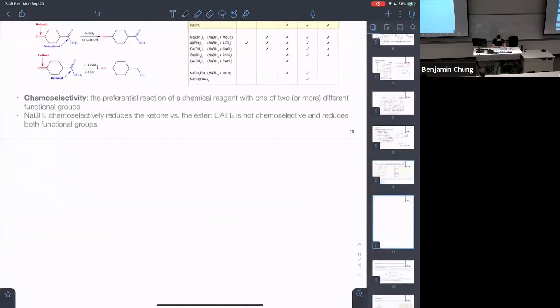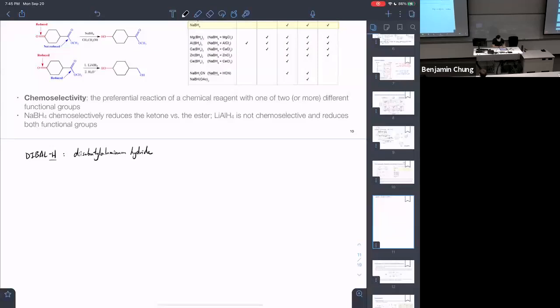So have you guys heard of this reducing agent called Dibal? Okay, well, I'm hearing mixed signals. It stands for diisobutyl aluminum hydride.